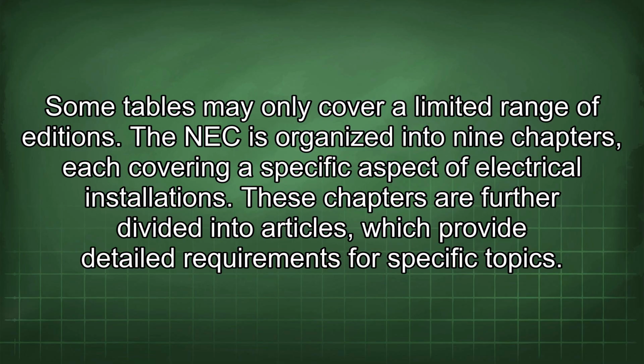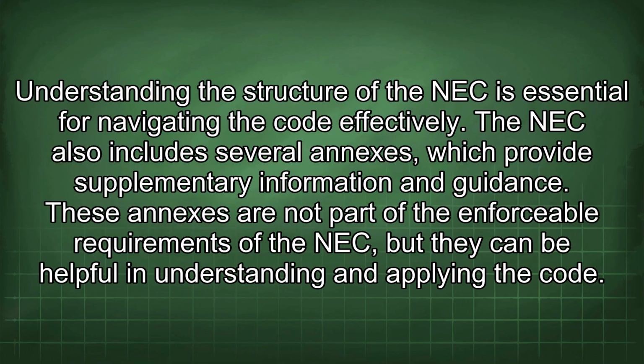The NEC is organized into 9 chapters, each covering a specific aspect of electrical installations. These chapters are further divided into articles, which provide detailed requirements for specific topics. Understanding the structure of the NEC is essential for navigating the code effectively. The NEC also includes several annexes, which provide supplementary information and guidance.